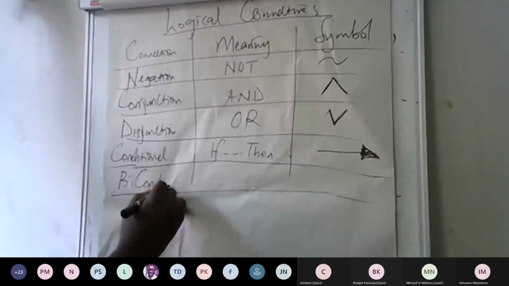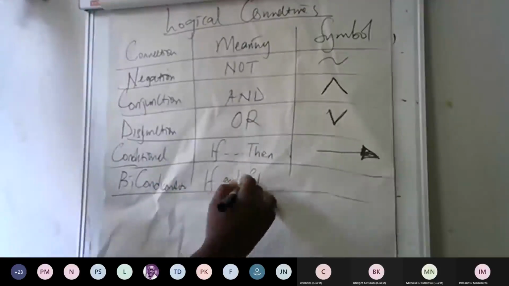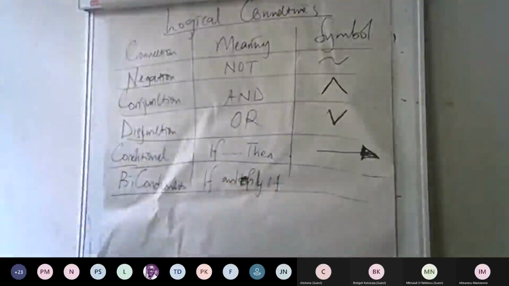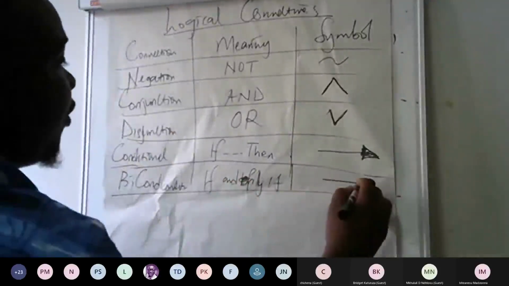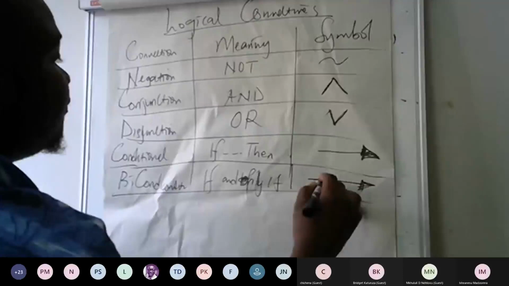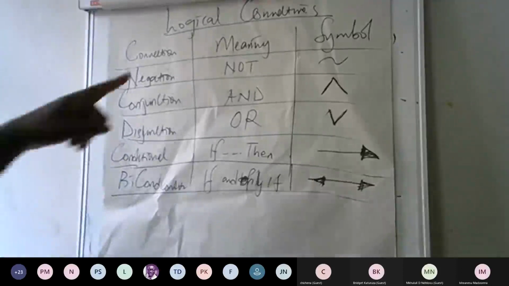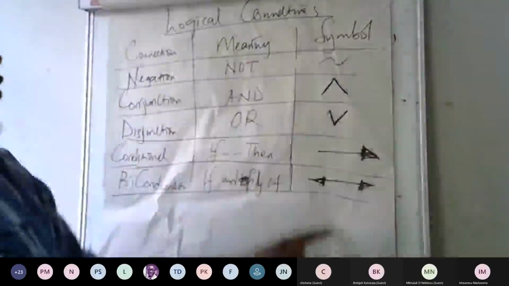Its meaning is if and only if, and its symbol is a double-headed arrow.